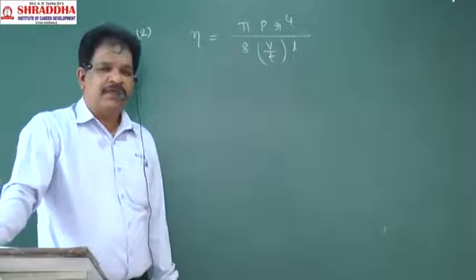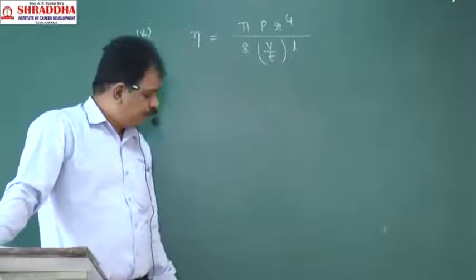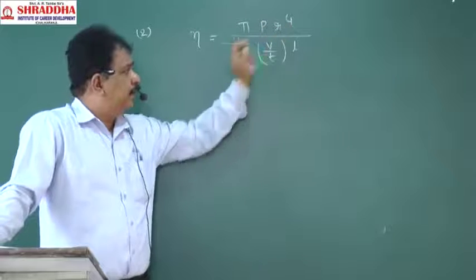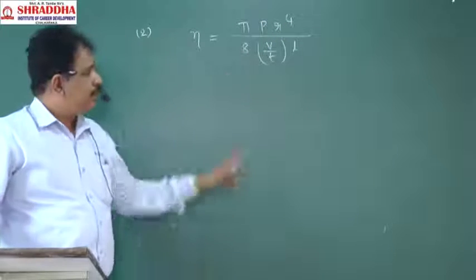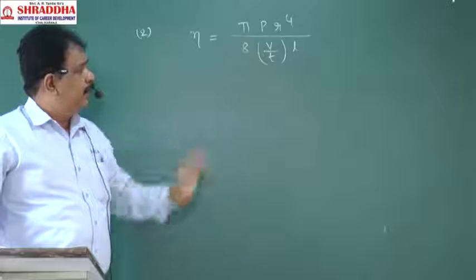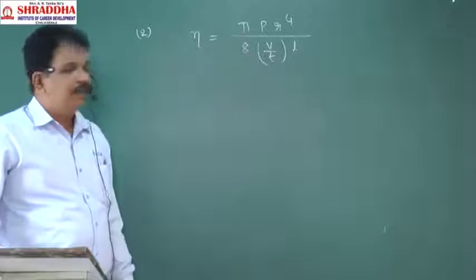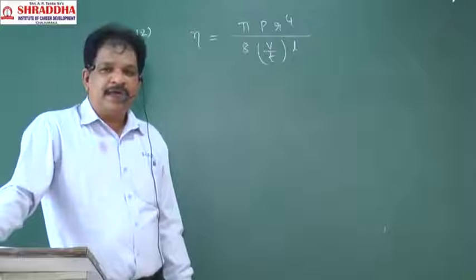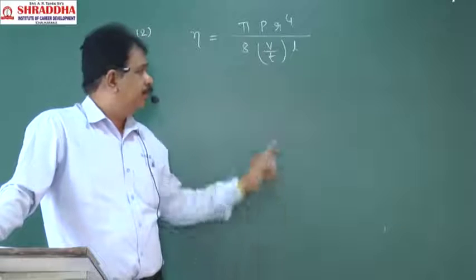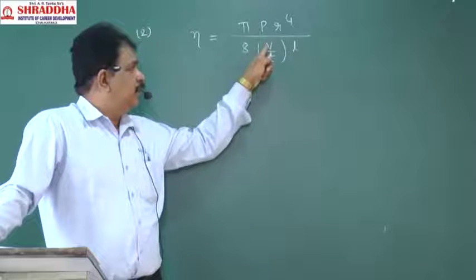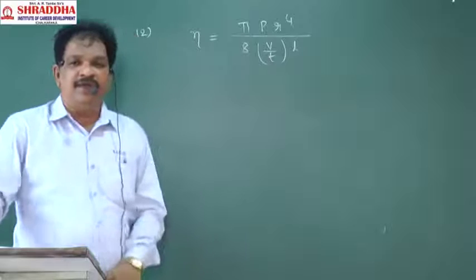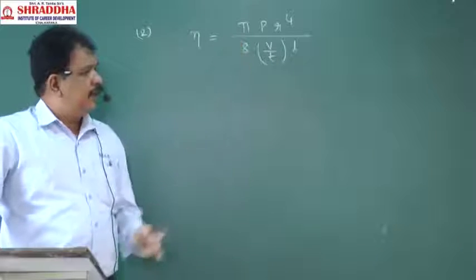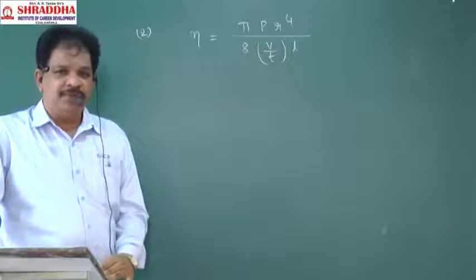Coefficient of viscosity formula, they gave it as pi P R power 4 by 8 V by t into L, where P is the pressure, R is the radius of the capillary tube, V by t is the volume of the liquid collected in unit time, L is the length of the capillary tube.